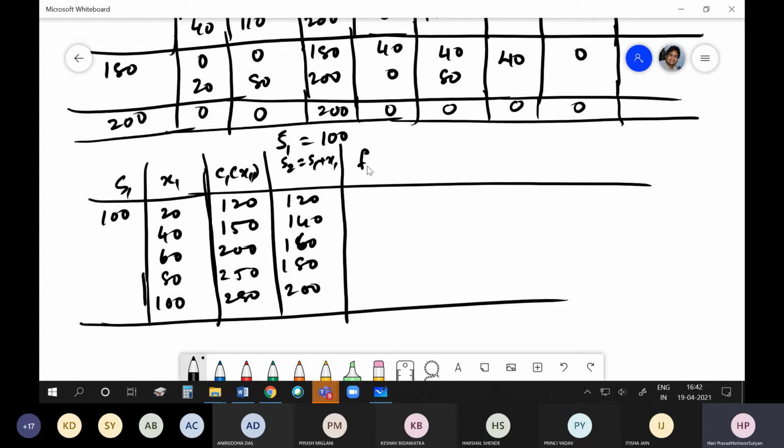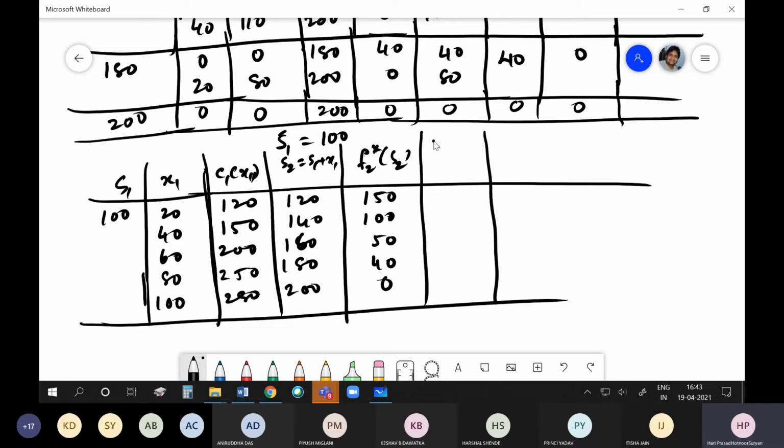Okay, so now I should have S2 and f2 star of S2. If for 120 I am getting 150, you have to get it from the previous table: 100, 50, 40, and 0.